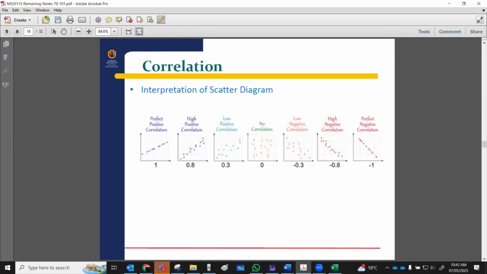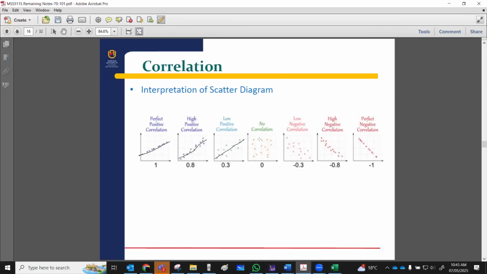We say it's high because there isn't that much space between the dots. This one here, you can see there is also an upward trend. So here you would draw what we call a line of best fit. That is a line that passes through most points. Obviously, mine is not the best one because it's hard to draw on the computer. And then here you can still see there is some positive correlation. It's not as good as that one because there are a lot of gaps between the points.